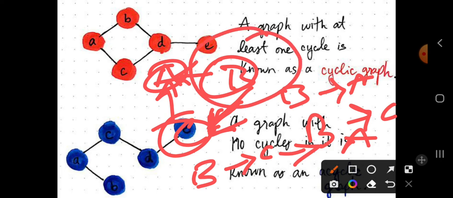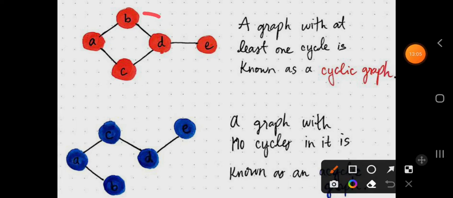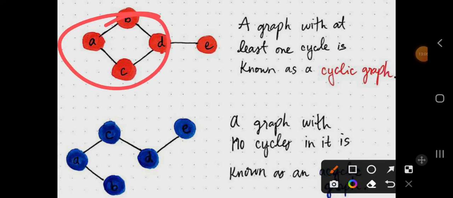Because we can't reach B in this particular graph. But if you are having an undirected graph like this, okay, we can go from any vertex to any vertex, A to B, B to D, D to C, and then C to A. Okay, if you are having that, then it is nothing but what? Connected graph.